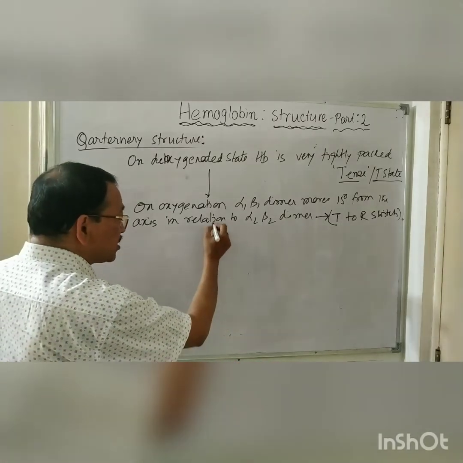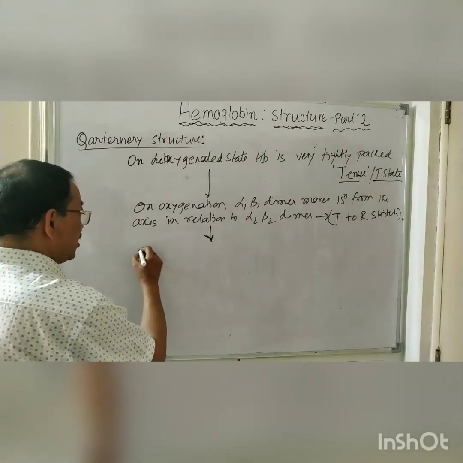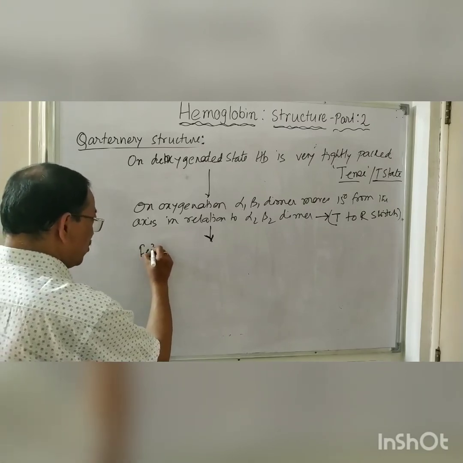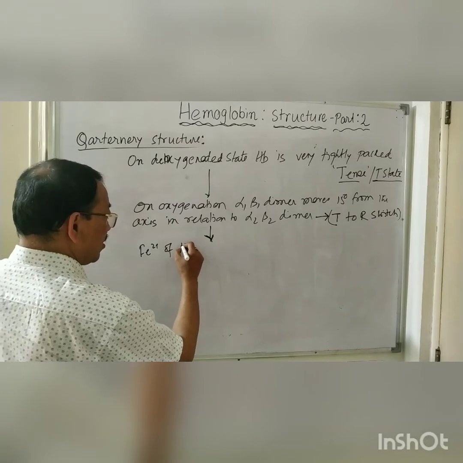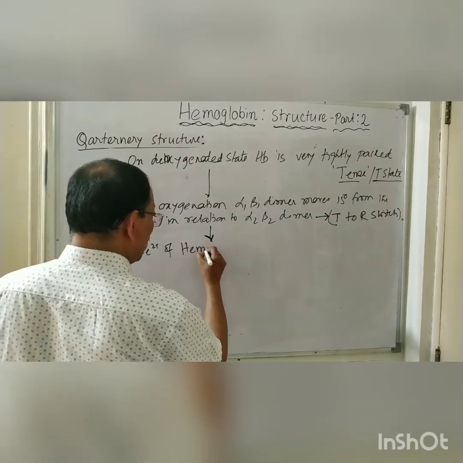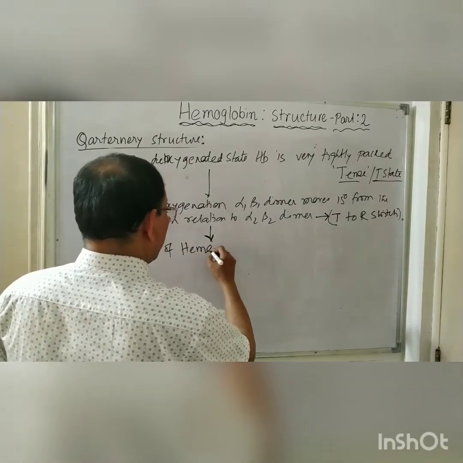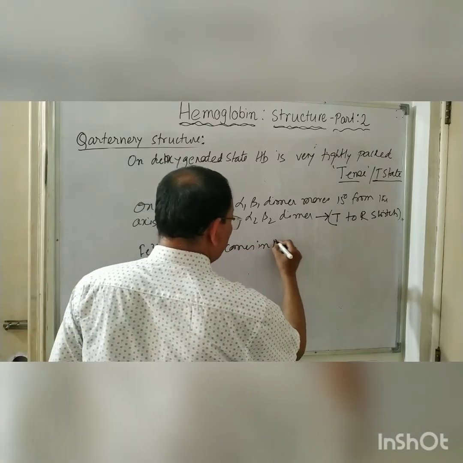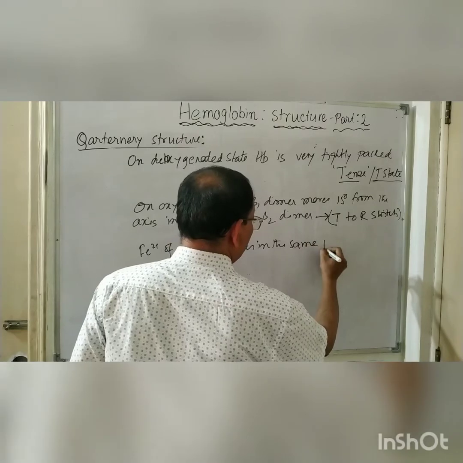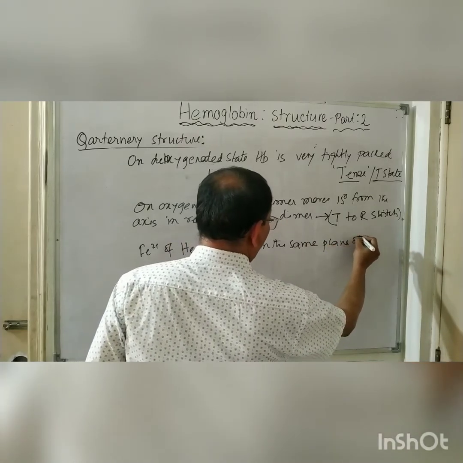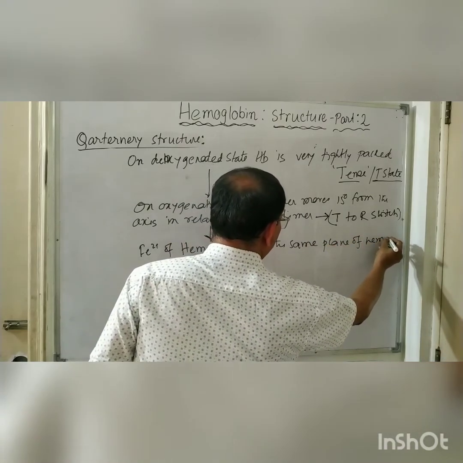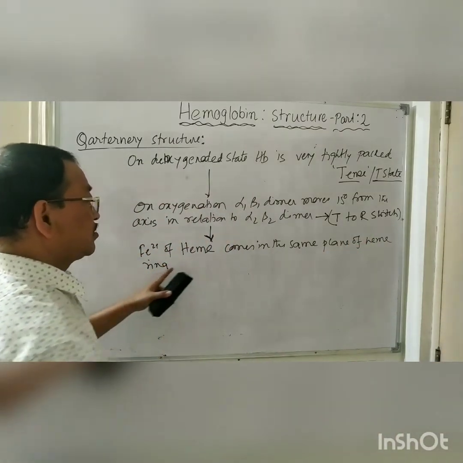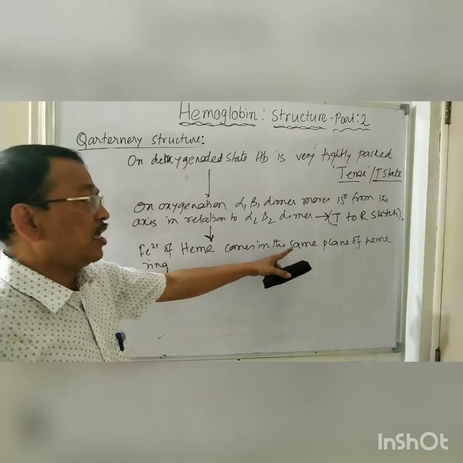Because this movement results in the ferrous ion of the heme molecule coming in the same plane of the heme ring. Ferrous ion of the heme comes in the same plane of the heme ring.